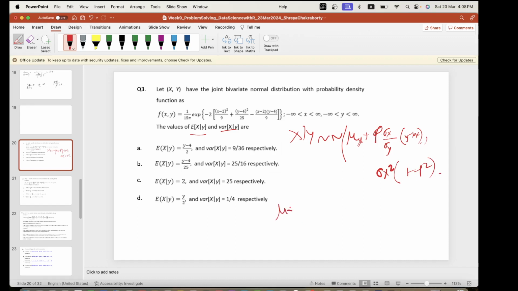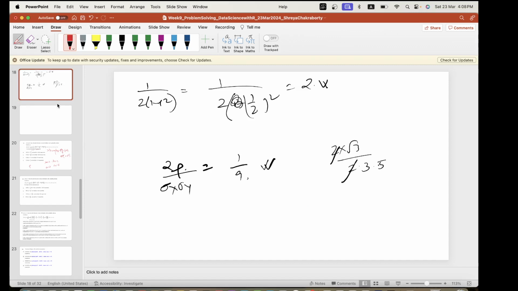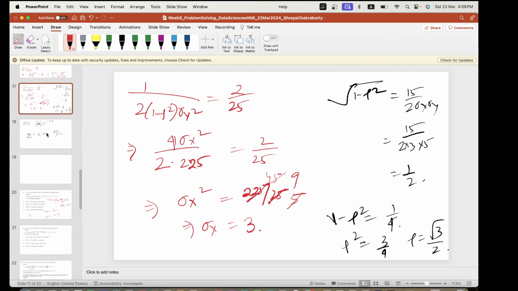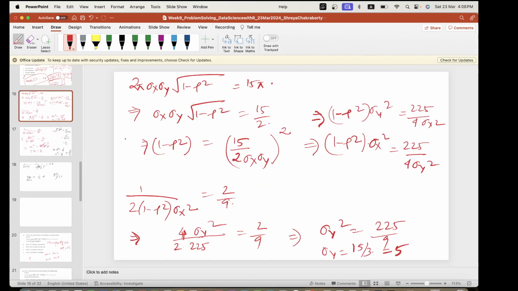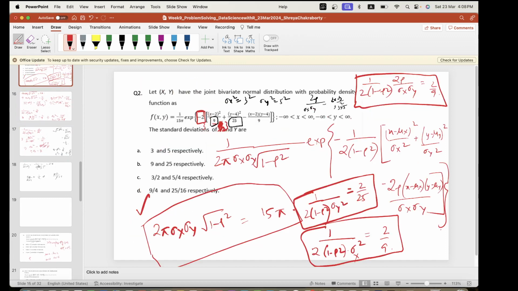Alright, so mu x we know is 2, mu y we know is 4, sigma x is 3, sigma y is 5, and rho is how much? I just want to ensure that I'm not making any mistakes in the calculation of rho. This is fine, right? 2 pi, so 1 minus is 15 by 2. So 1 minus rho square is 15 by 2.